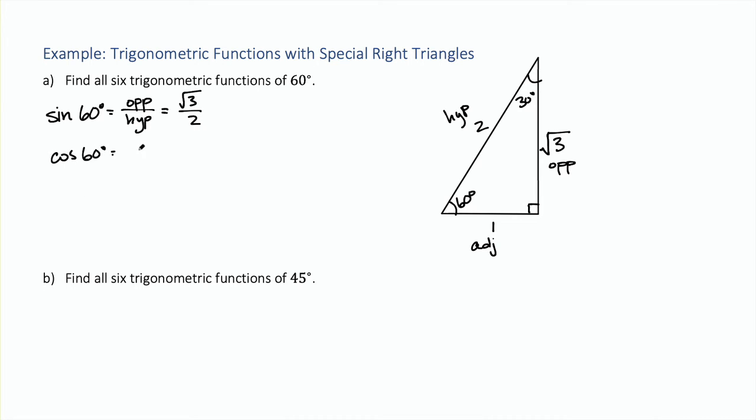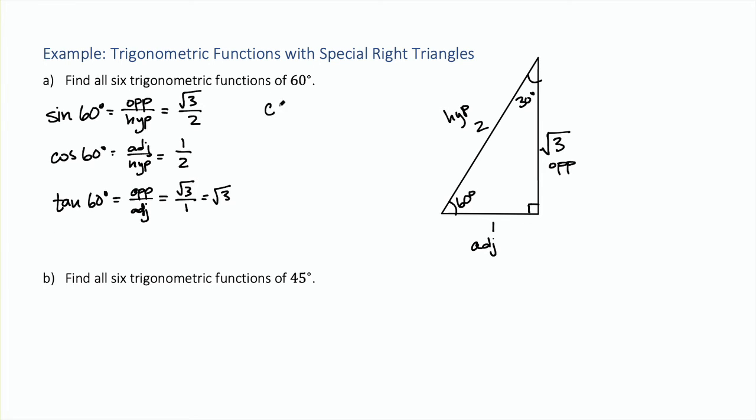Cosine of an angle is adjacent over hypotenuse, which in this case is 1 over 2. Tangent of 60 degrees is opposite over adjacent, which is the square root of 3 over 1, or in other words, just the square root of 3.